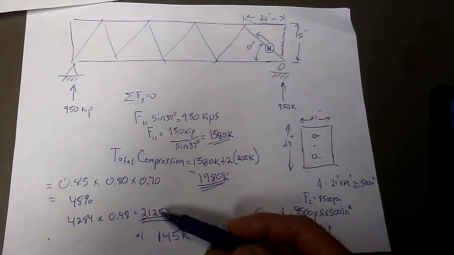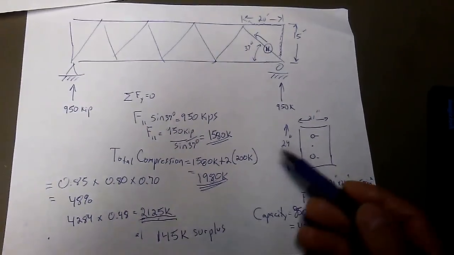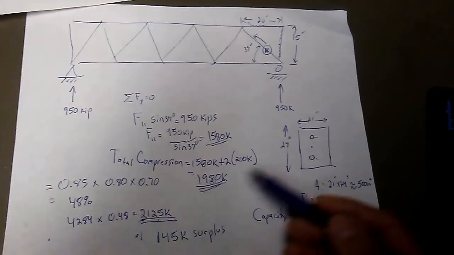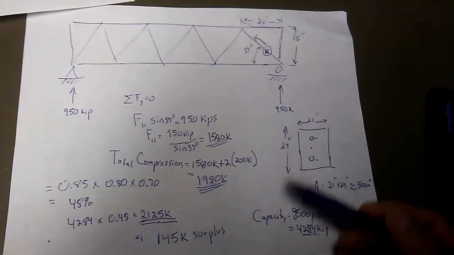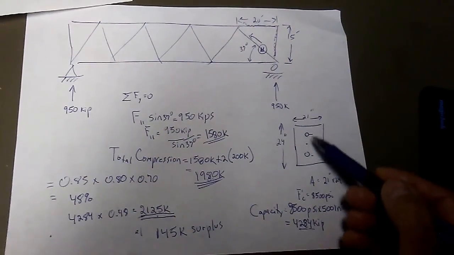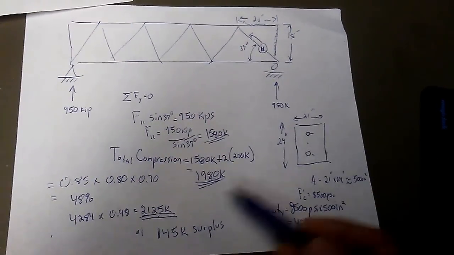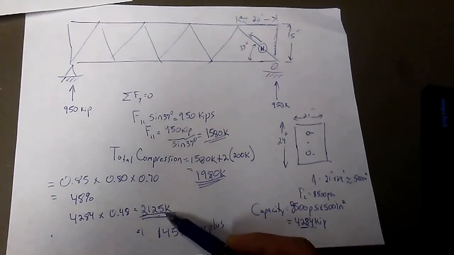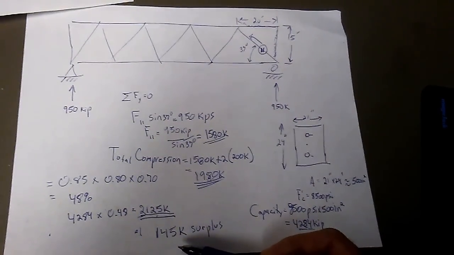And this reduction varies based on how much moment I'm applying. So the bigger the difference in forces of these two post-tensioning bars, the larger my moment, the more reduction in my capacity of the truss member.